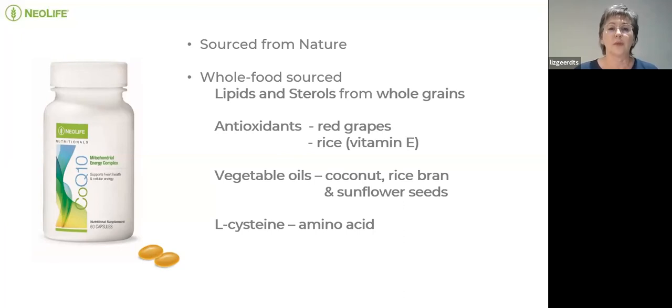And until we could source it from a natural source, we didn't bring it to market. So now that's what we've done. We've taken it from non-GMO rice bran and from corn and used that as our extract for the actual CoQ10. But that's not where we've stopped.